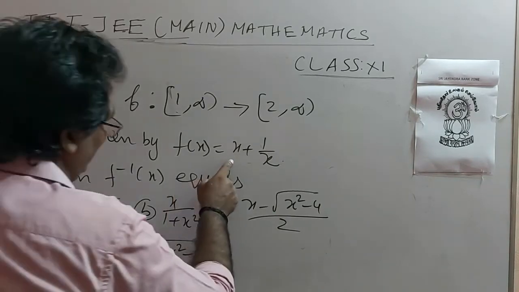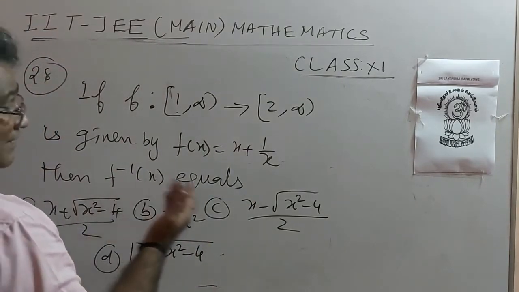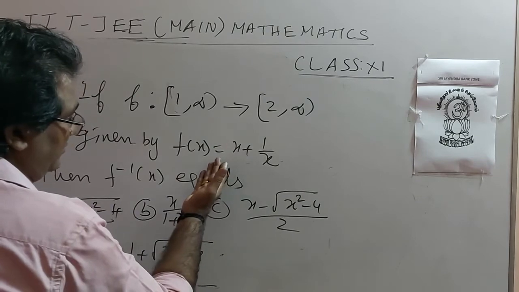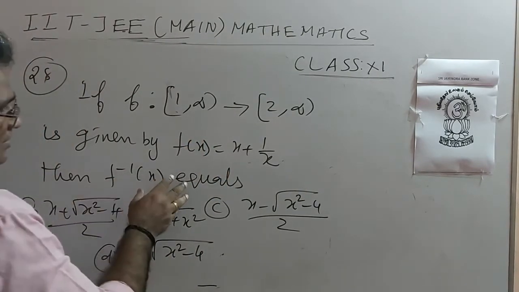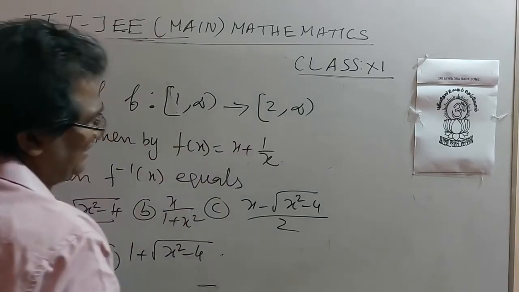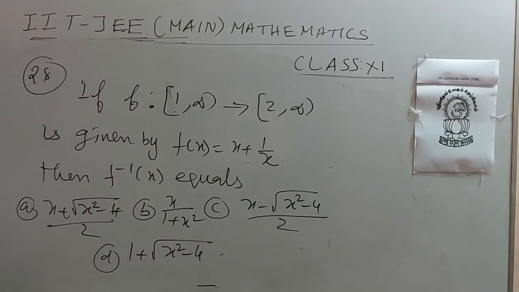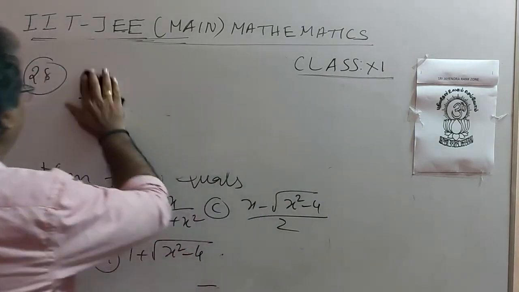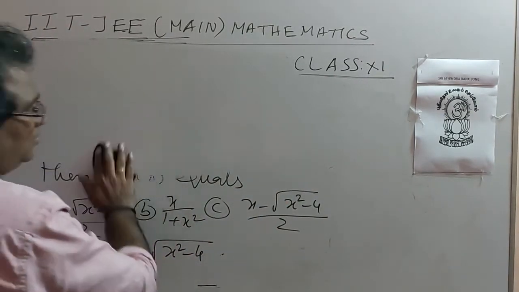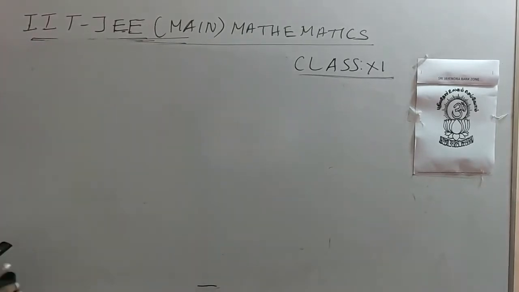If you take any value for x from 1 to infinity, we can find an image which belongs to [2, infinity). Like that, if you take any value from this, you can find a pre-image. Therefore, it's a bijection. Also, two different elements will give you two different values.